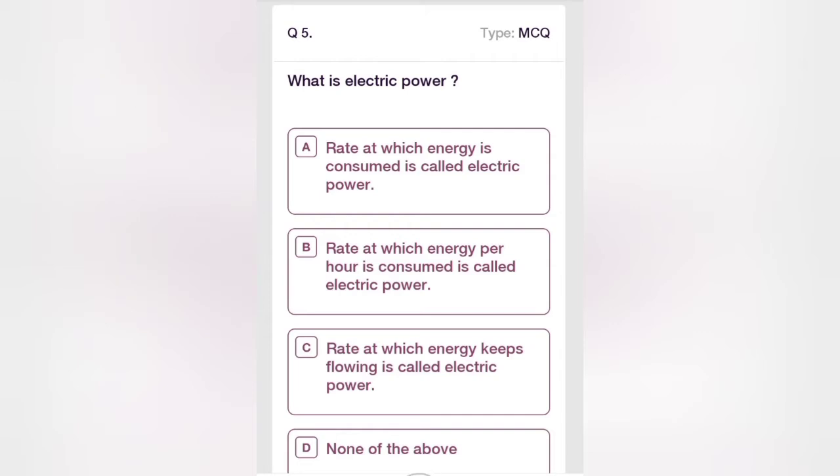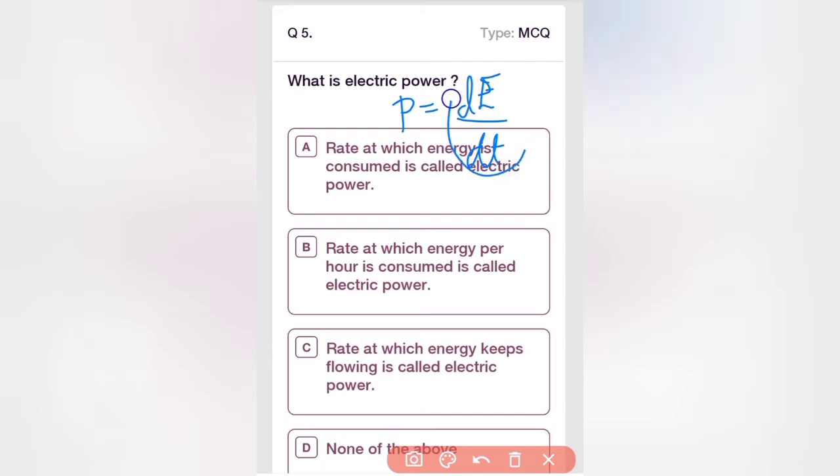See, the definition for electric power is the rate at which electric energy is consumed. dE by dt represents the rate at which energy is consumed. So option A is the correct answer.